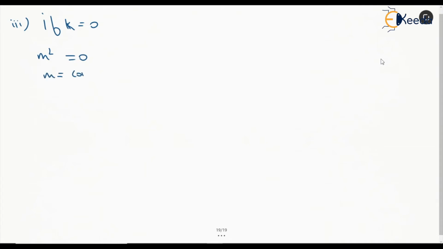Third case says if k is equal to 0. If k is equal to 0, we will have the auxiliary equation m square equal to 0, which means the equation is going to be linear in terms of x.